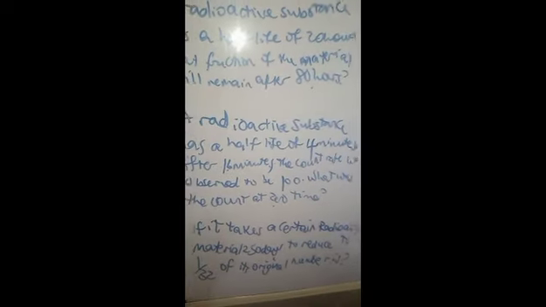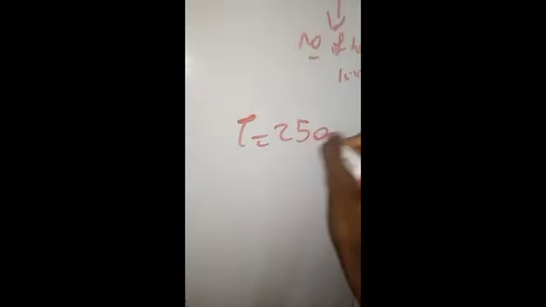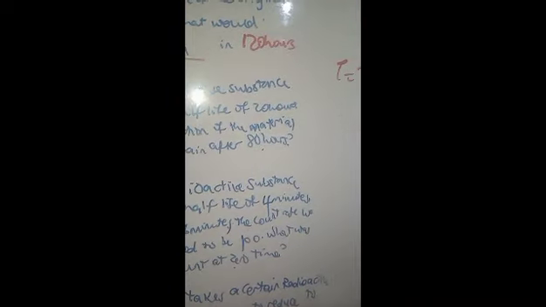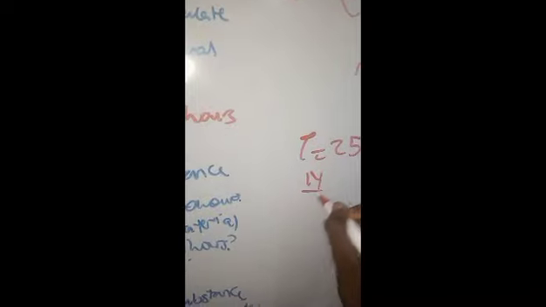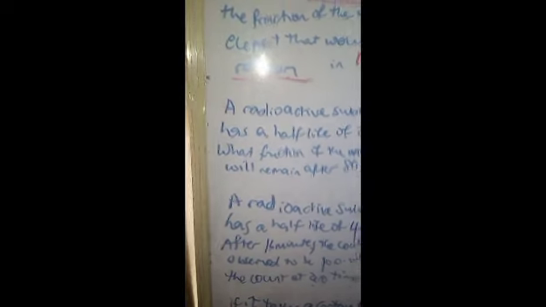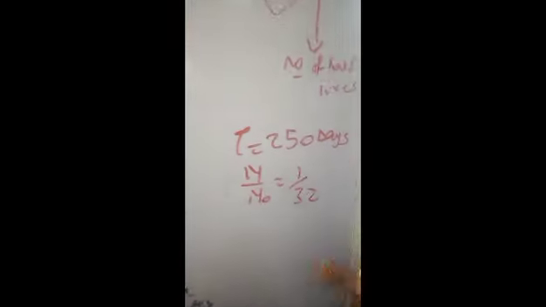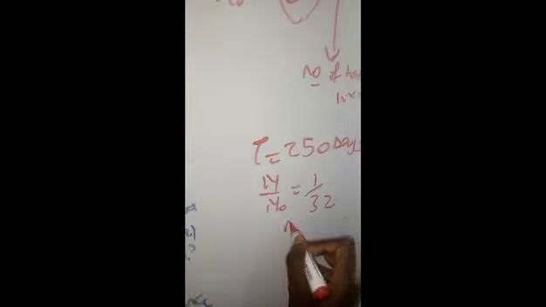If it takes a certain radioactive material 250 days, that's the period, to reduce to 1 over 32 of its original number, so N over N naught is equal to 1 over 32. They said the number of half-lives is, the question isn't very complete, so you are looking for your n.